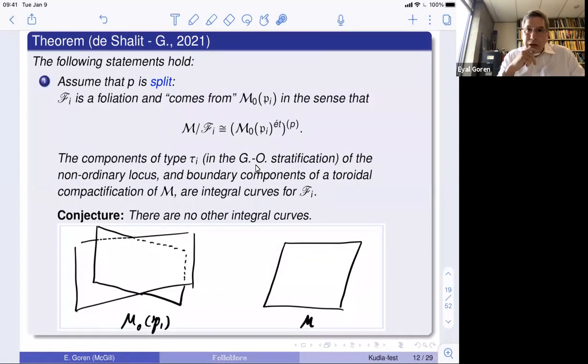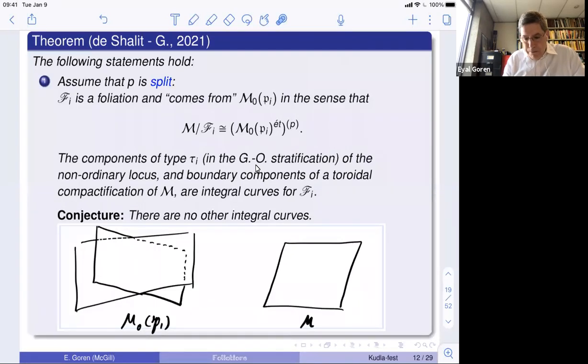Okay, so let us assume that p is split in the totally real field. And now let's consider those foliations in characteristic p. Then in fact, there are foliations that are closed under this p-power operation. And in some sense, they come from a Shimura variety with level p structure.